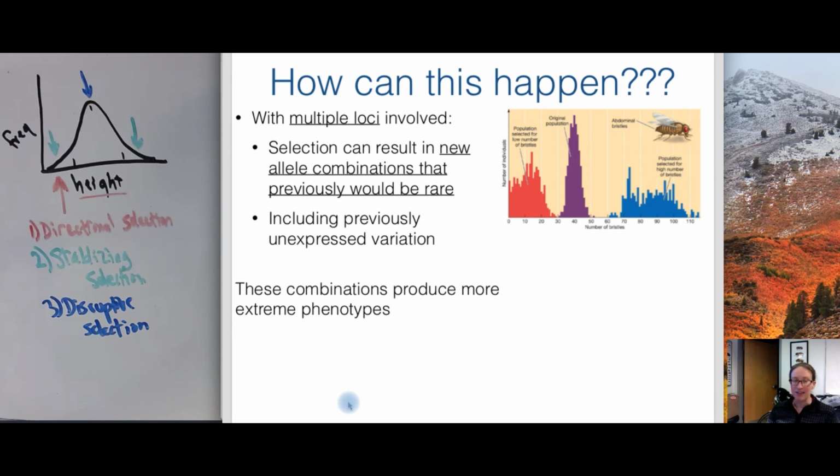So we're seeing the expression of previously unexpressed variation, because in the wild population, those rare allele combinations just never come up. But once you start to select for some of those extremes, you see those allele combinations much more frequently, and that produces these much more extreme phenotypes. So it's not that new genetic variation suddenly appeared; it's just that now those rare allele combinations are becoming much more common.